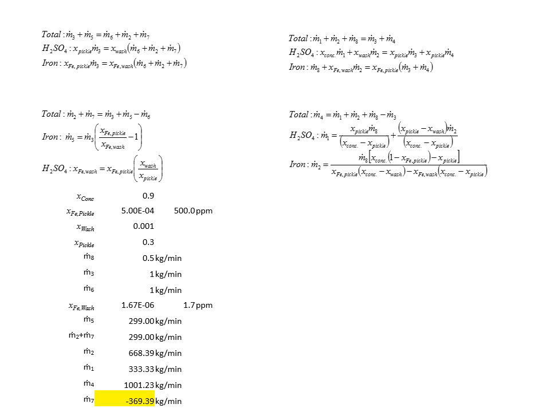I can then solve for the mass fraction of iron in the wash solution, which is 1.67 times 10 to the minus 6, equivalent to 1.7 parts per million. Using that value, we can determine that the flow rate of stream 5 is 299 kilograms per minute.